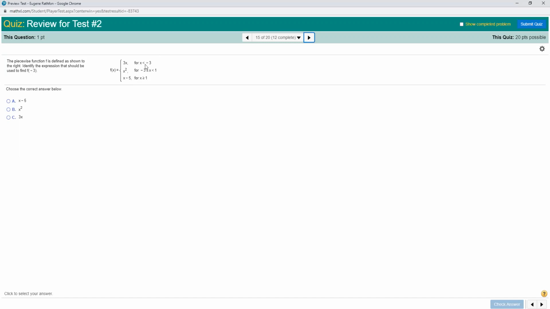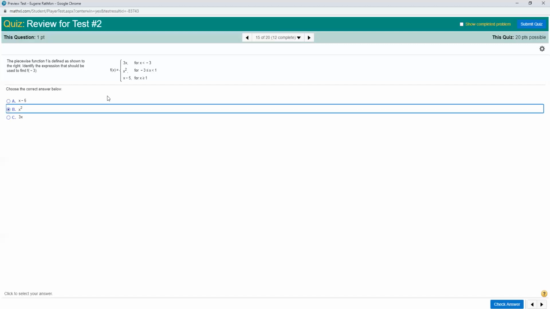So is negative 3 less than negative 3? No, that's false. Is negative 3 equal to negative 3? Yes. So since my negative 3 is equal to negative 3, which is what the second one's telling me, and it is still less than 1, I got to use the x squared equation, which would be my B.